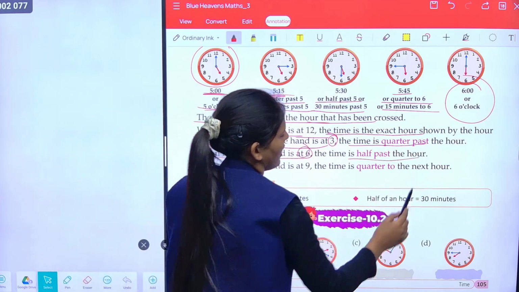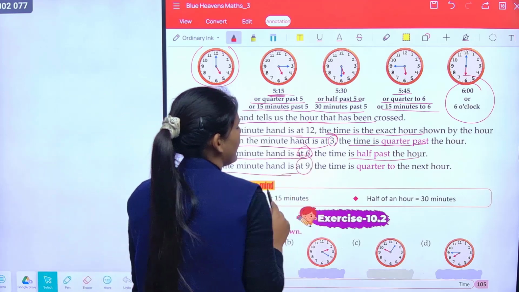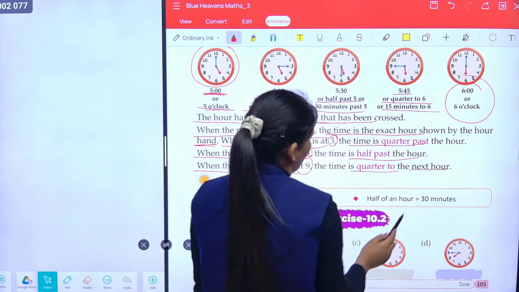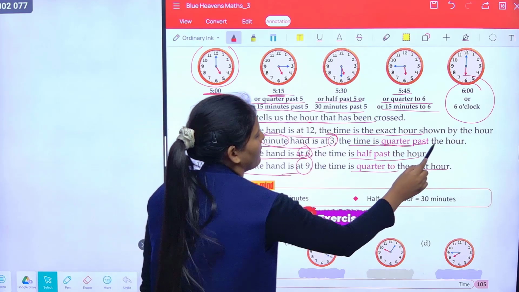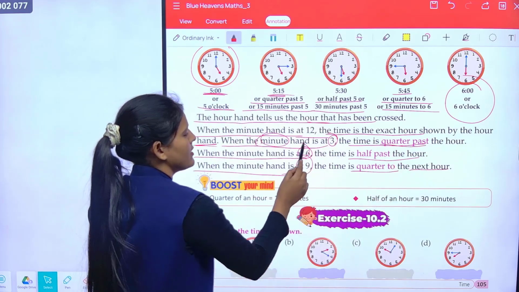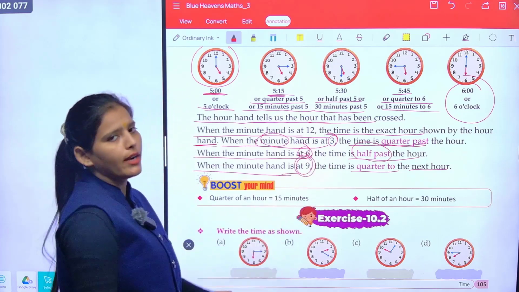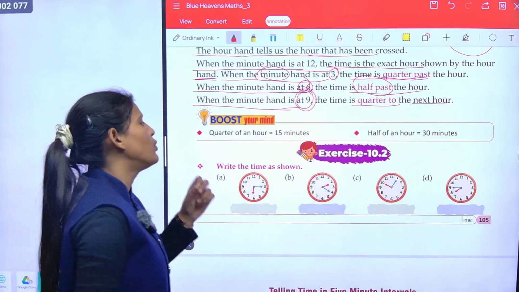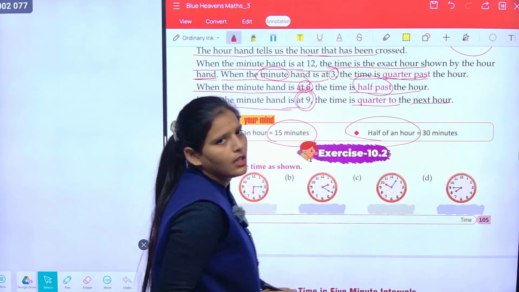Half past the hour, means आधा घंटा. When the minute hand is at 9, it's quarter to the next hour. जब हमारी मिनट हैंड होगी 3 पे तो क्वार्टर पास्ट, और जब 6 पे तो हाफ पास्ट, और जब 9 पे होगी तो क्वार्टर टू. Understood? Quarter of an hour is equal to 15 minutes. Half of an hour is equal to 30 minutes.